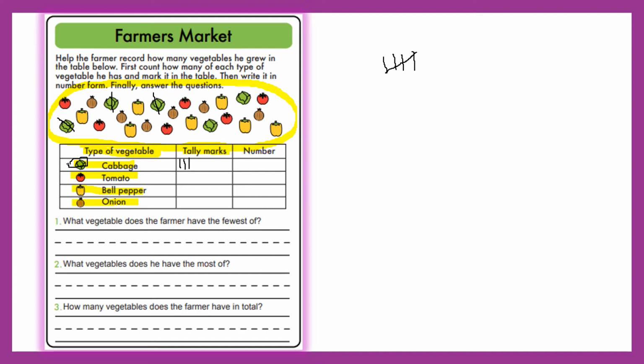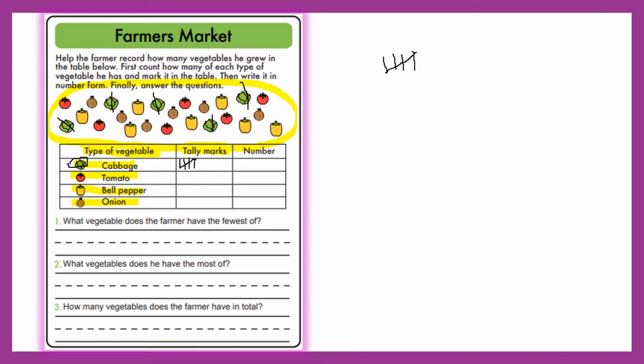Keep finding all of the cabbage. There's another one. And now I'm up to 4. And now, oh, one more. All right, now remember, I'm not going to put a 5th tally mark.